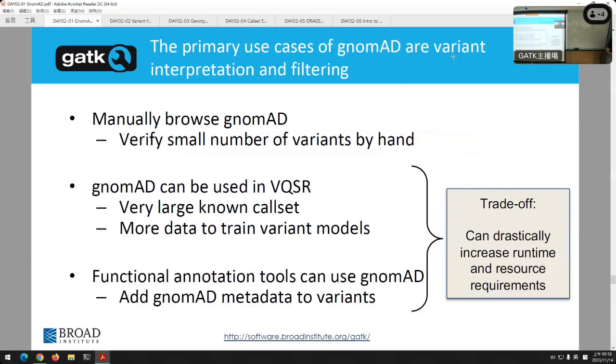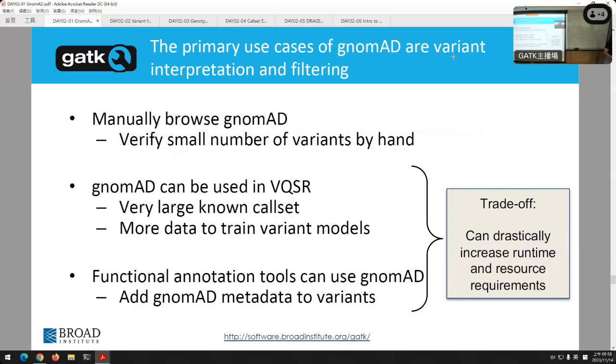Okay, so now that you've seen the gnomAD browser, what can we actually use this for? gnomAD is primarily used for variant interpretation and filtering. So one use case is that you can manually browse gnomAD through the browser.